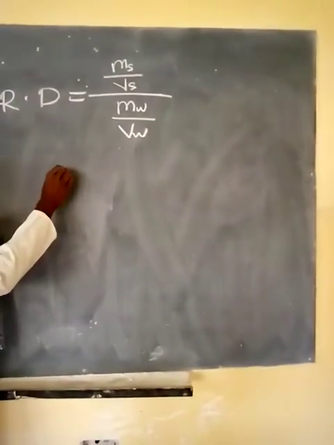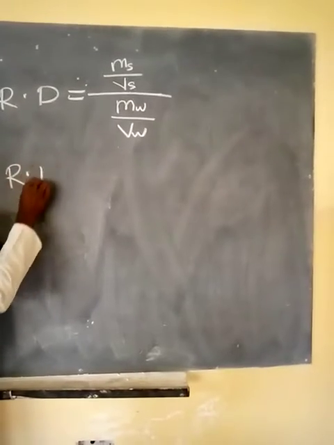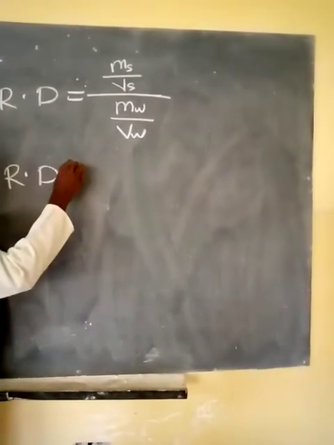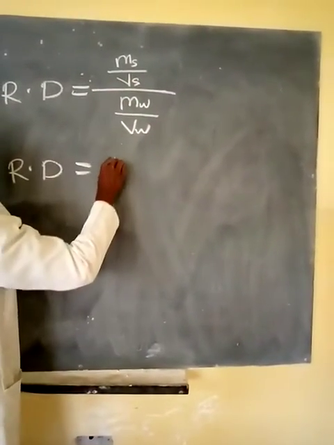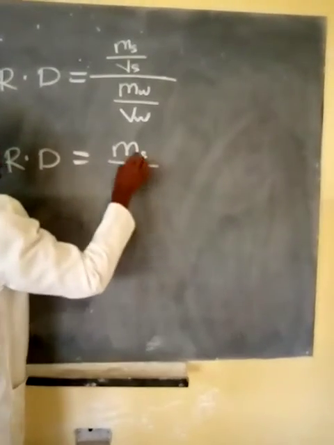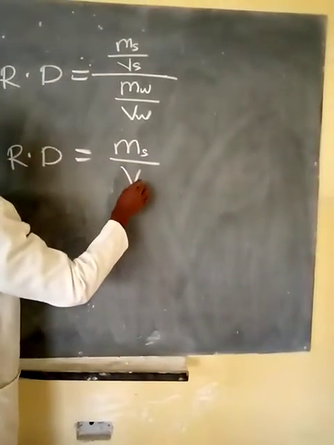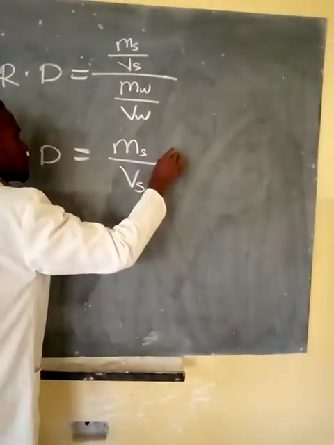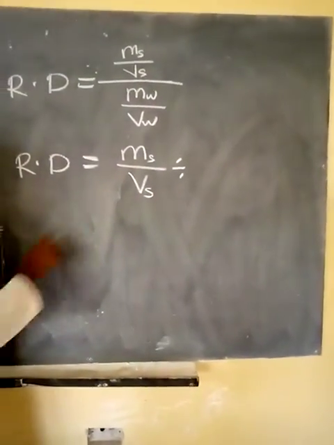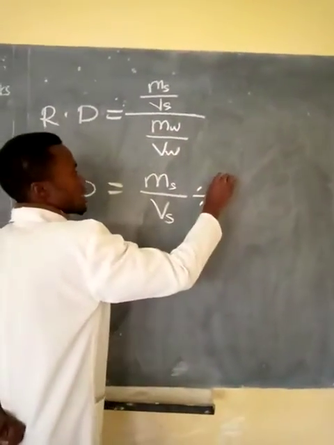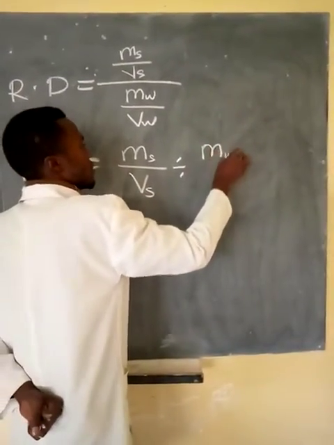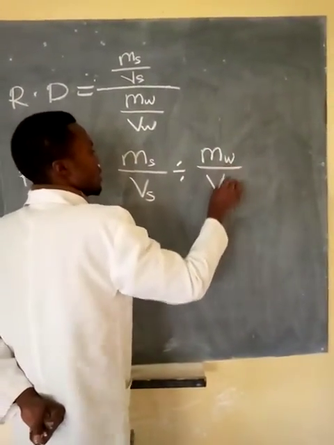So we are going to say RD is equal to Ms over Vs divided by Mw over Vw.